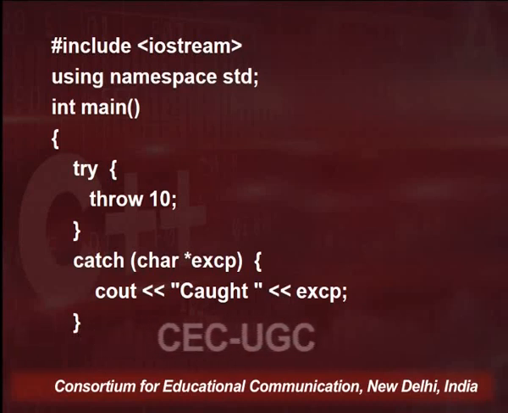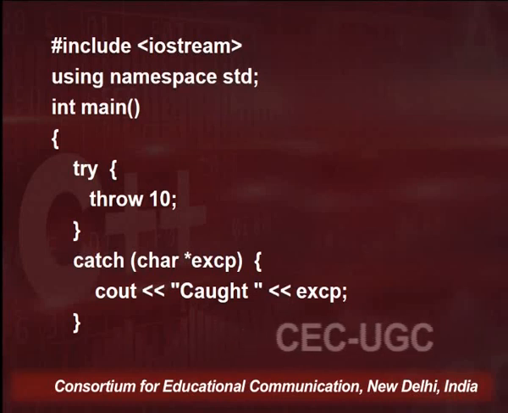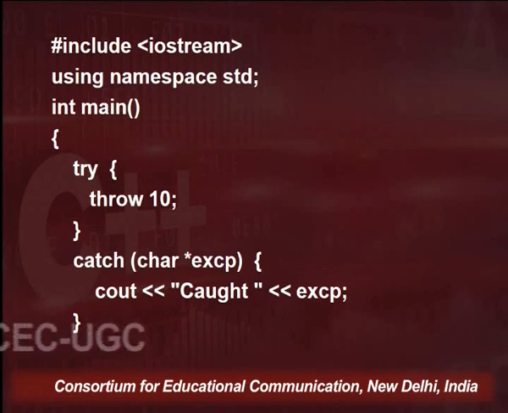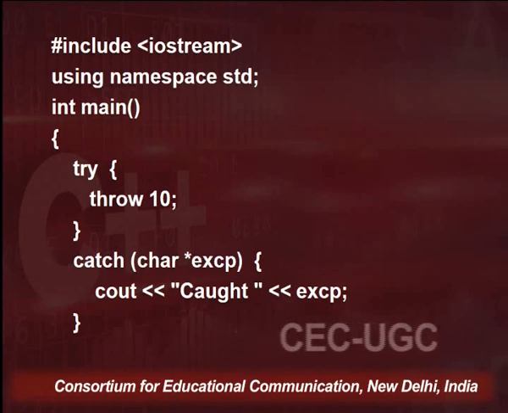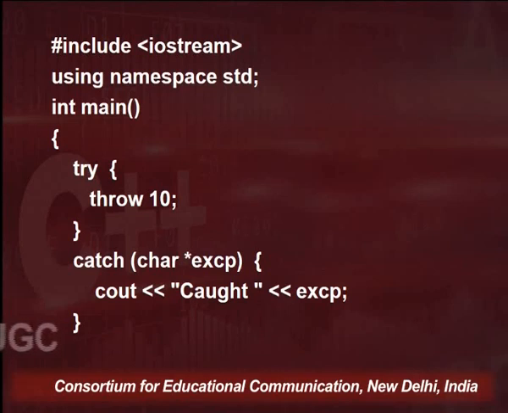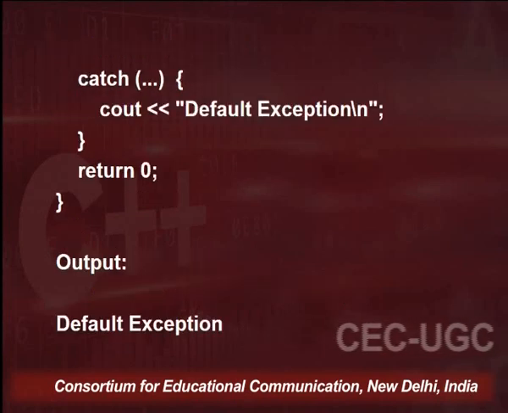There can be other catches here which do not match the type of exception the throw keyword is throwing. Here my throw keyword is throwing an exception of type integer, and let's say we don't have any catch to handle integers.